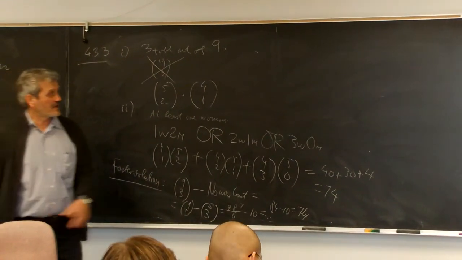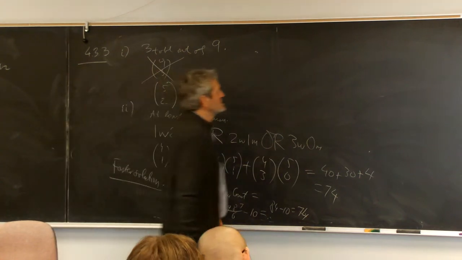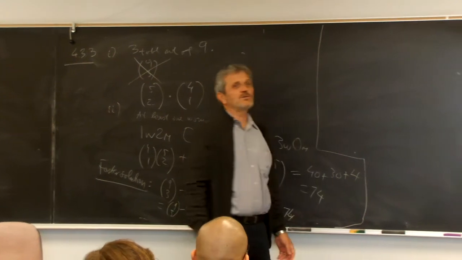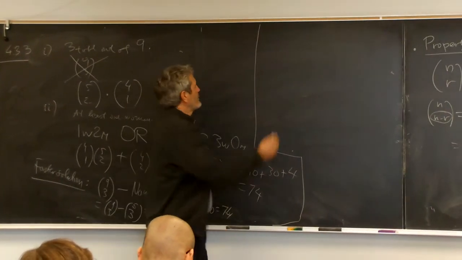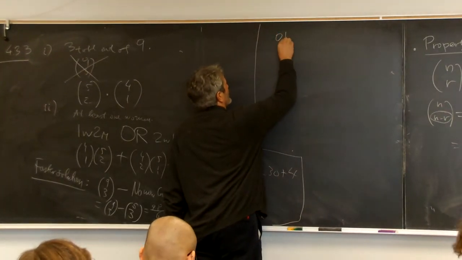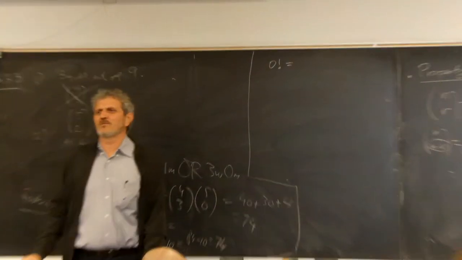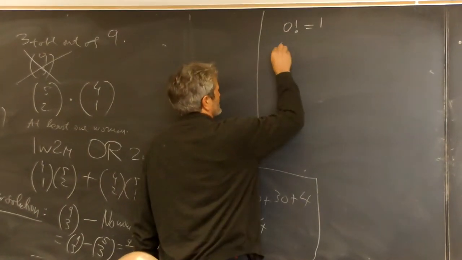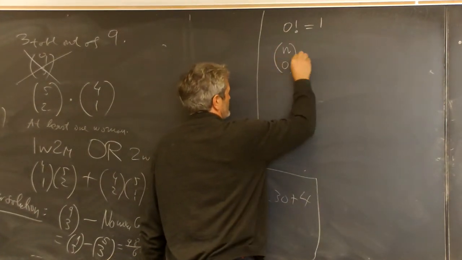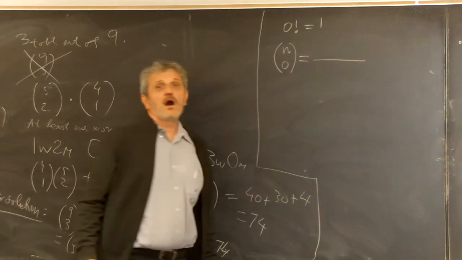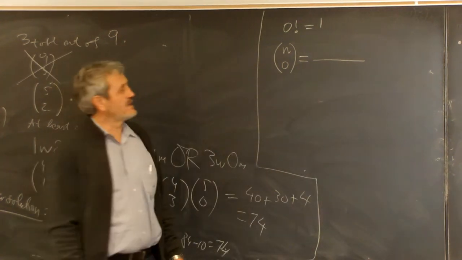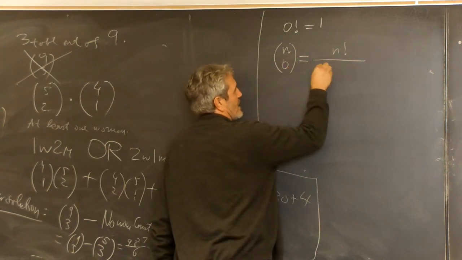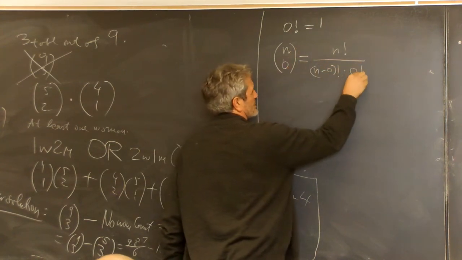All right, a couple of exotic calculations that I used here. Values that involve zero. First, 0 factorial. How much is 0 factorial? We already did that, very good. So now, how much is n choose 0? If we go calculationally, it says n factorial over n minus 0 factorial times 0 factorial.